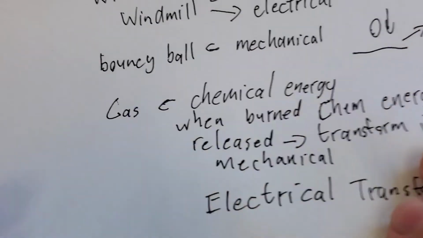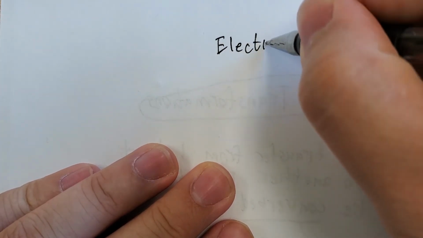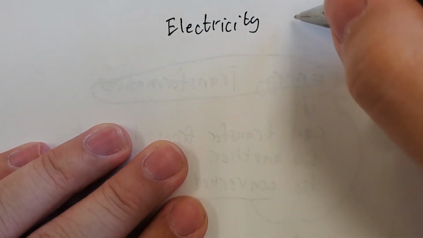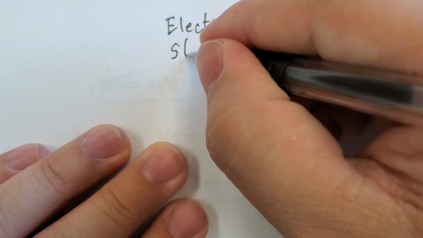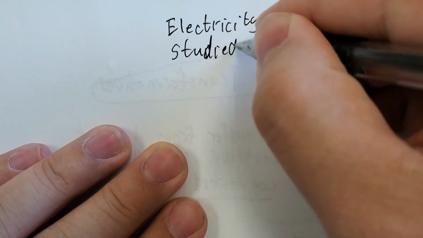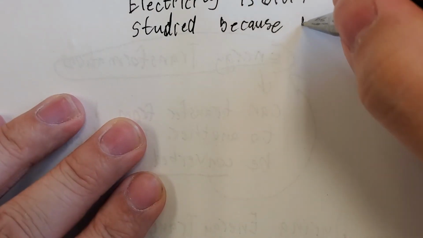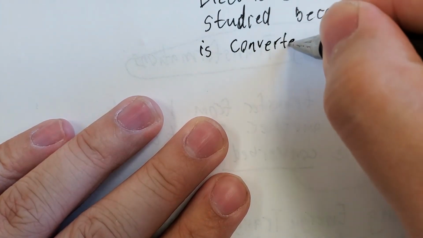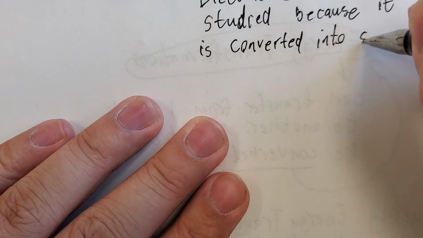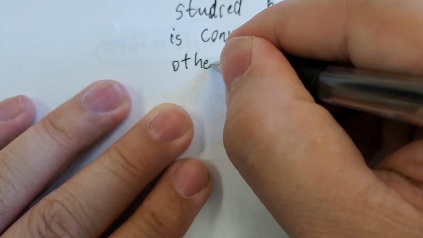And so, here, let me put this piece of paper over it. Electricity is often studied, one of our main ones that we talk about, for this reason: it is converted into so many other types of energy.